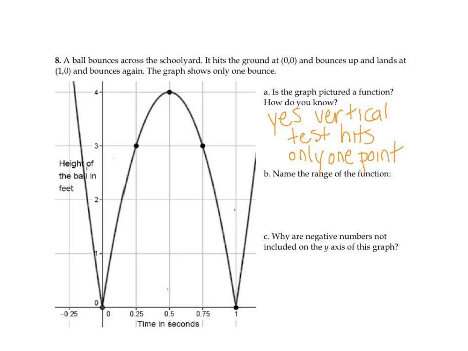And on this graph we can see, okay, so the top of the graph goes on for infinity at the top, and the bottom starts at 0. So the range of this function is from 0 to infinity, because it starts at 0 on the y and goes up to infinity.